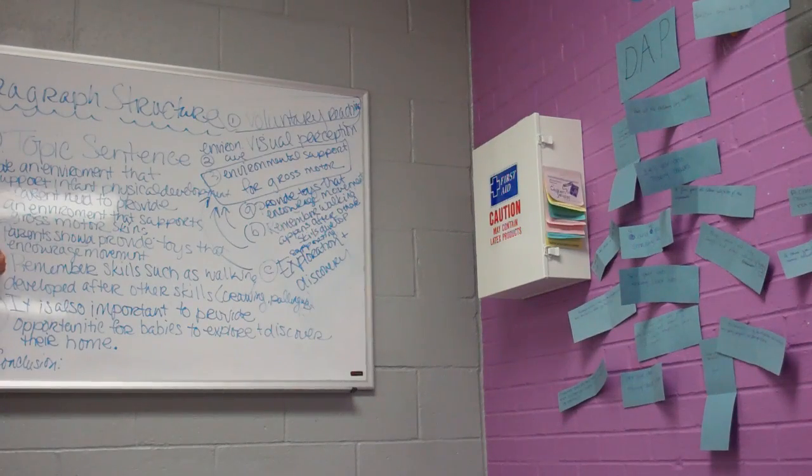We still have the "should," but "they should" work. And you know, this is all part of the writing process, going back and doing those revisions and double checking and making sure it works. They should remember skills such as walking develop after other skills. It is also important to provide opportunities for babies to explore and discover their homes.